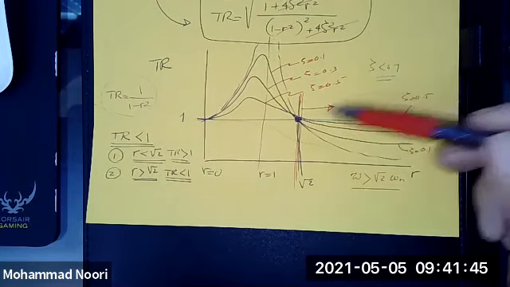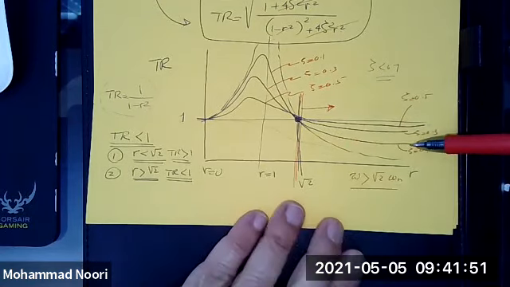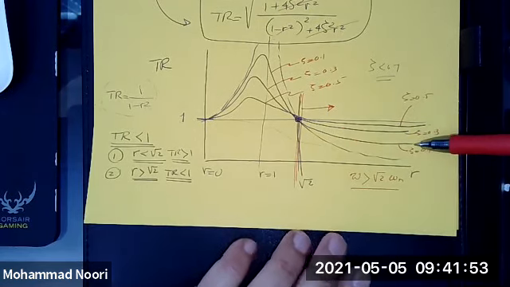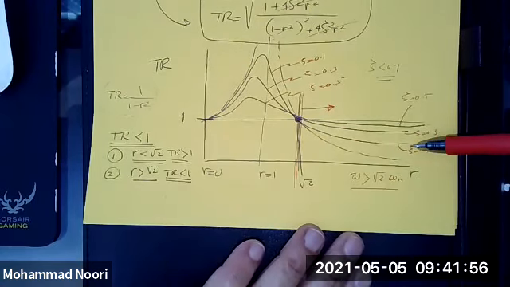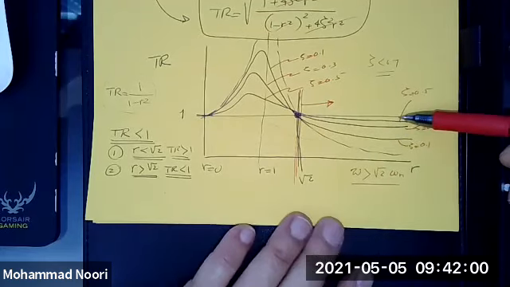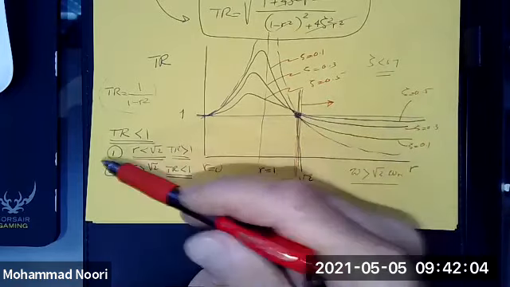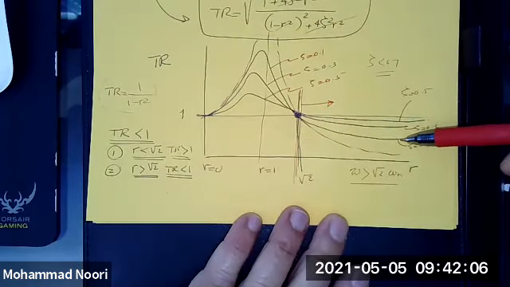Even within this range, as you can see, the lower the value of damping is, the better the effect, the lower the value of the transmissibility ratio would be.